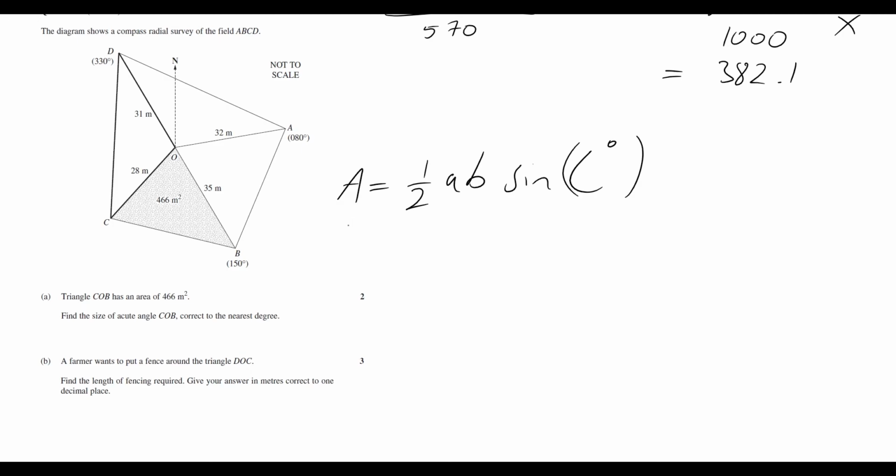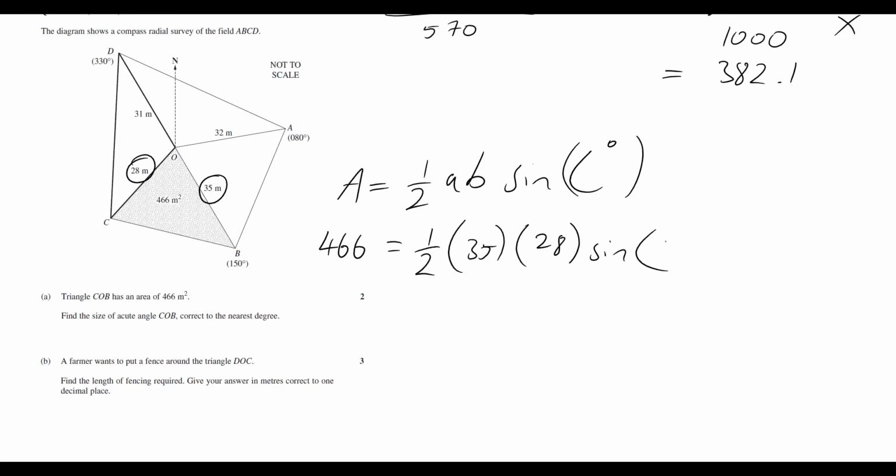So A, the area, or sorry, capital A, the area I should say, is 466, and then we have 1/2, and let's say a is 35, and then we can say b is the 28, and then we know that sine of C, whatever that angle might be, we know it's represented by COB, and we can now rearrange this whole problem.